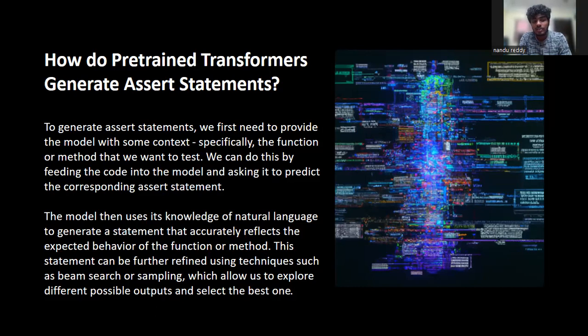The model then uses its knowledge of natural language to generate a statement that accurately reflects the expected behavior of the function or method. These statements can be further refined using techniques such as beam search or sampling, which allow us to explore different possible outputs and select the best one.